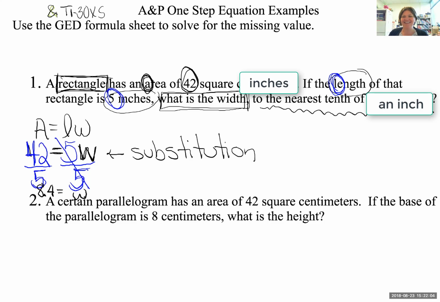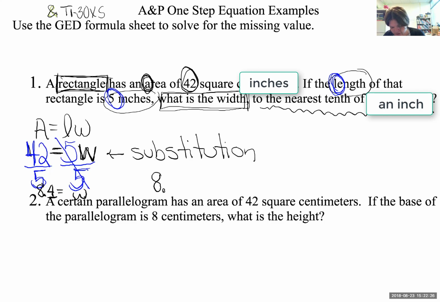Now, this one screws with students all over the place. They really freak out like, how am I going to round this to the nearest tenth? So can you guys see that this number already ends in the tenths place? One decimal is the tenths place, right? If it's not broke, don't fix it. There's no reason to round it. It already stops where it needs to stop, okay?